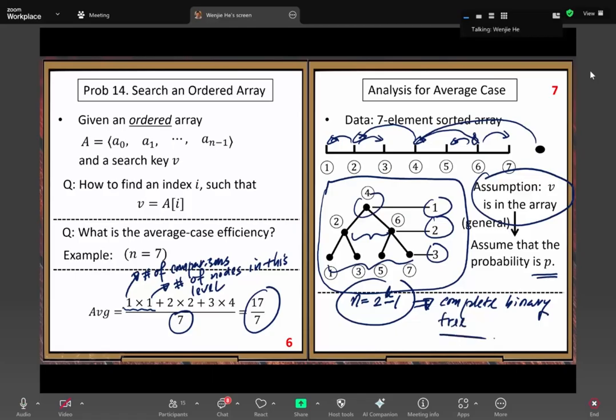But for the general case, because the situation is relatively complicated, people use an estimate, an approximate formula. You can find it on the web. I saw that before.